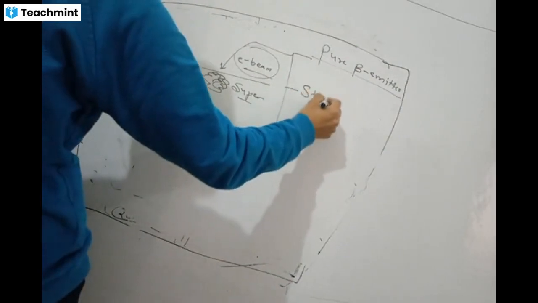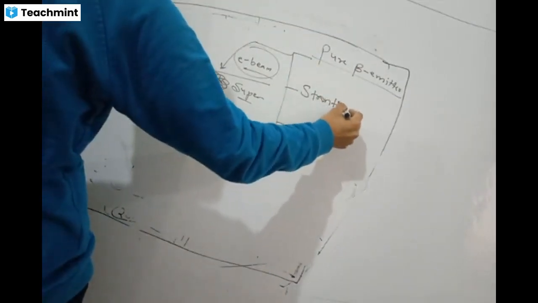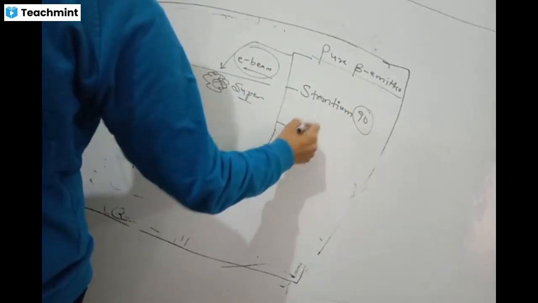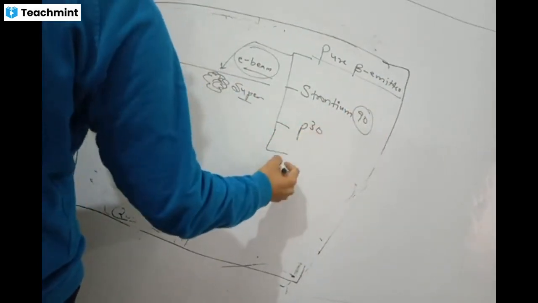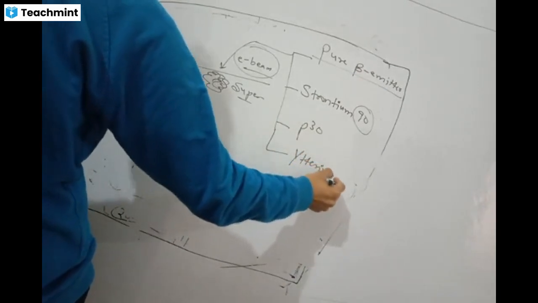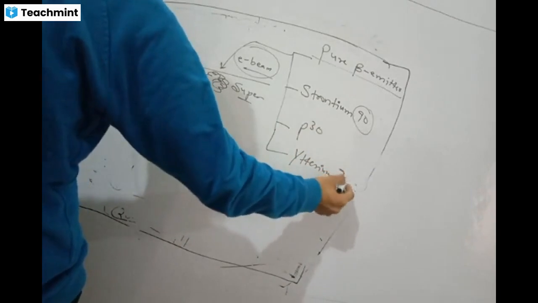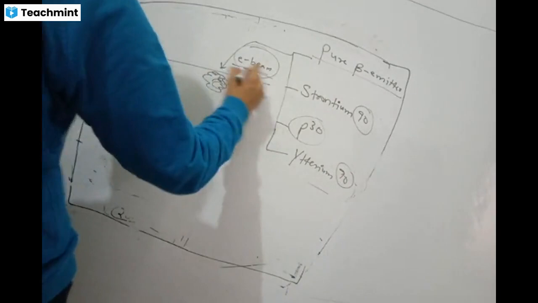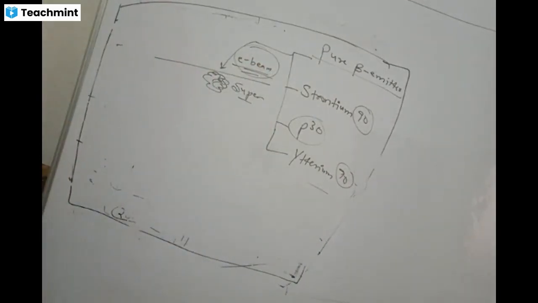There are three. One is strontium 90, one is phosphorus 30, and one is yttrium 90. So these three are pure electron beam or pure beta emitters, which are used for superficial tumors.